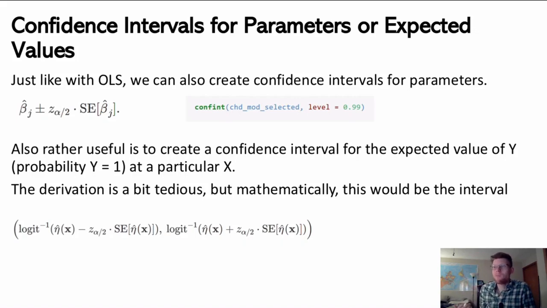So I can only sensibly make a confidence interval for the true probability that y equals 1, but there's no such thing as a prediction interval when I'm modeling binary data, because there is no range of observations except for the ones literally at 0 and 1. So I just thought I would mention that as well.